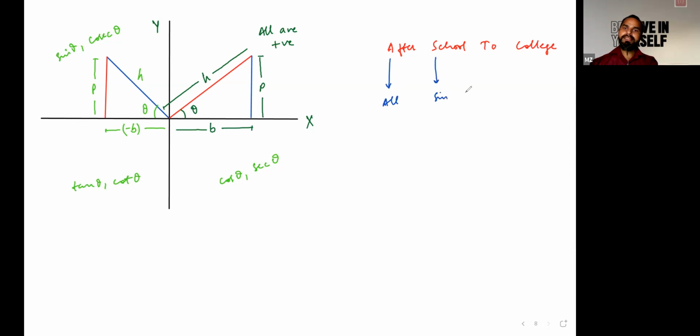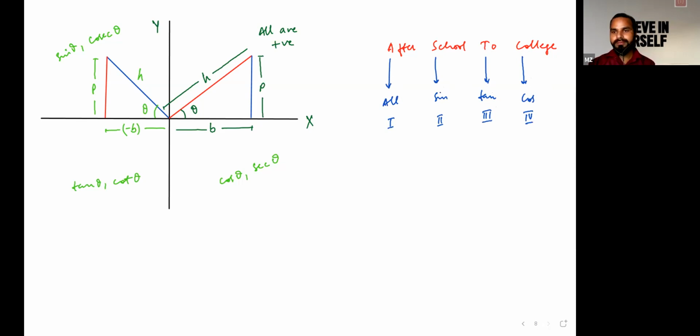S is sine or its reciprocal. T is tan or its reciprocal. C is cos and its reciprocal. So this will be defining the first quadrant. This will be for the second quadrant. This will be the third quadrant, and this will be for the fourth quadrant.